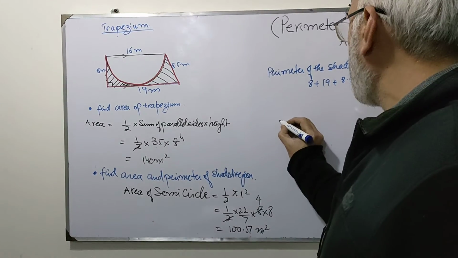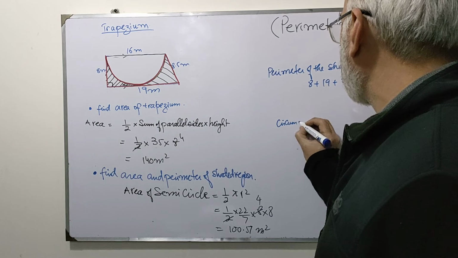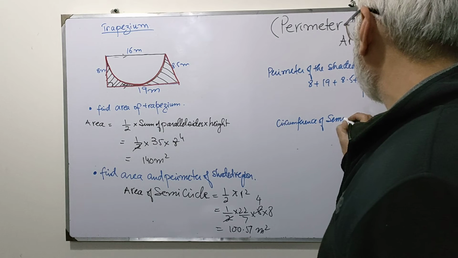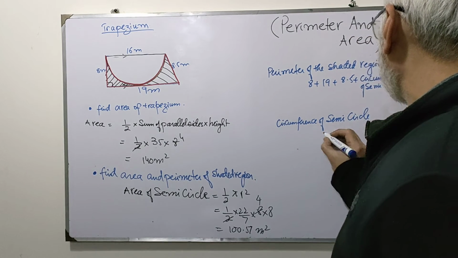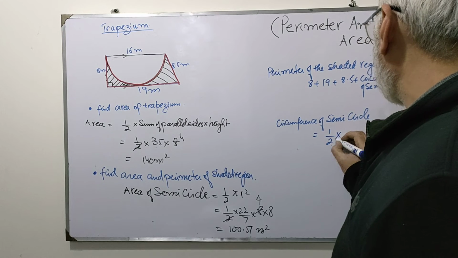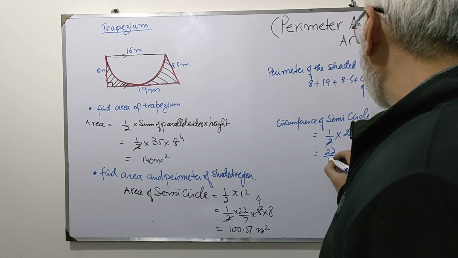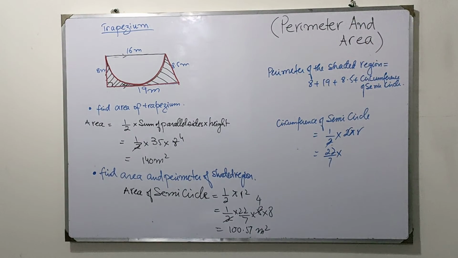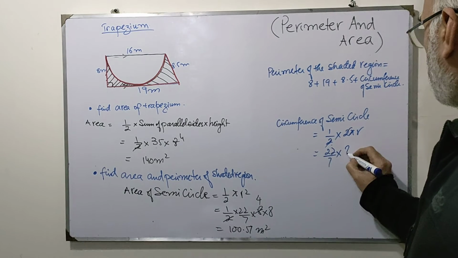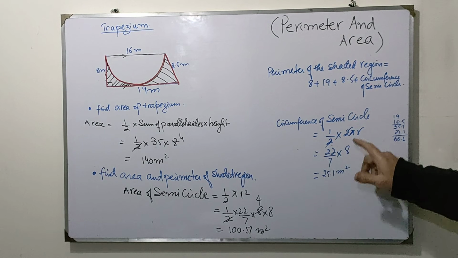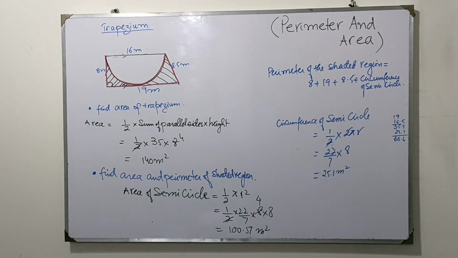For that, the circumference of semicircle is 1 over 2 into 2 pi r. So we have here 22 over 7 into r, which is 8. Okay, let's calculate it. Okay, so we have calculated, and the circumference of the semicircle is 25.1 meters.